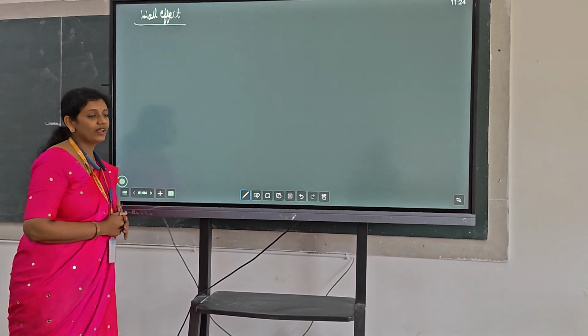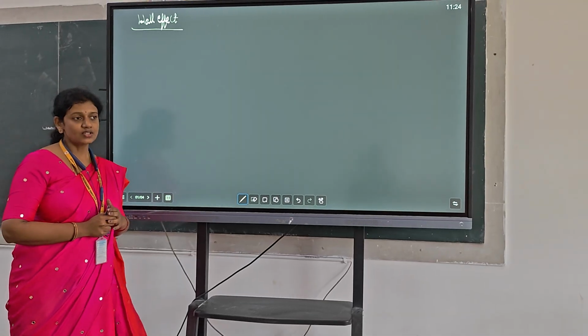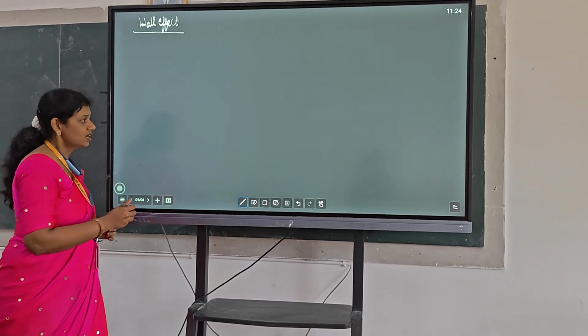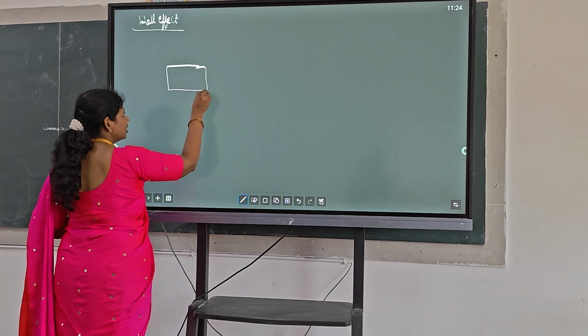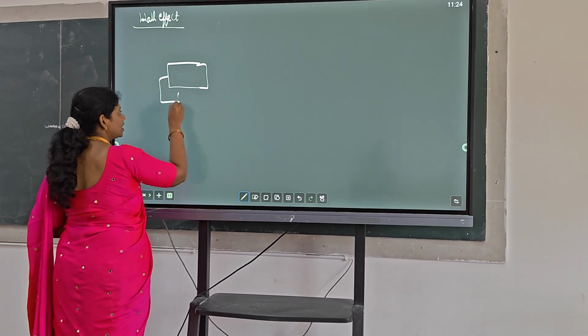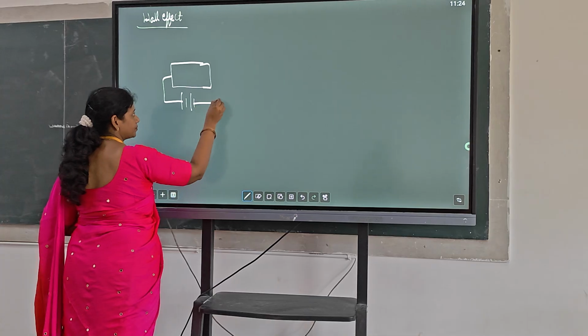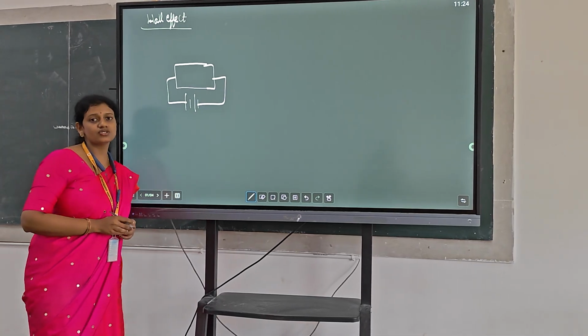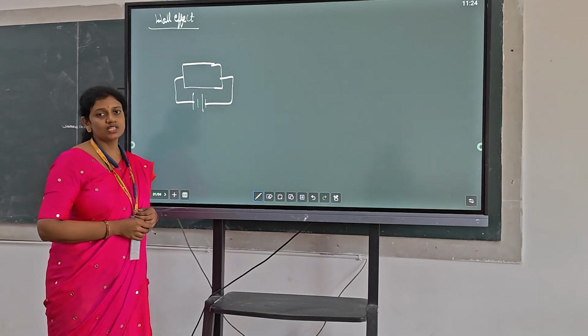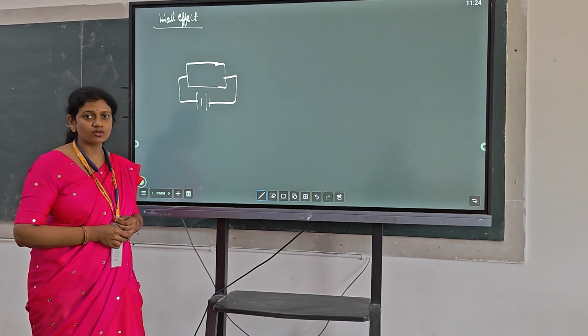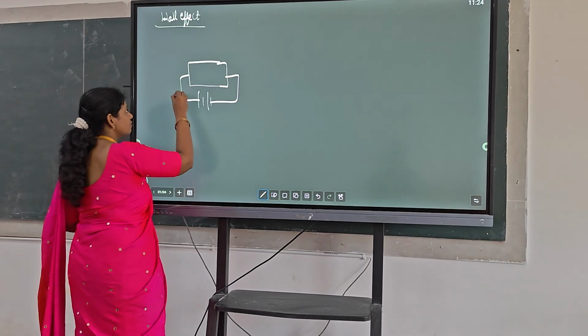In this Hall effect, if you consider any material and apply electrical energy, just I am connecting a battery. Whenever you connect this battery, we know that the charges will flow.